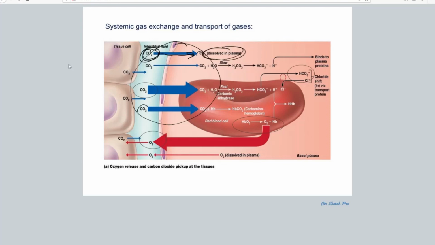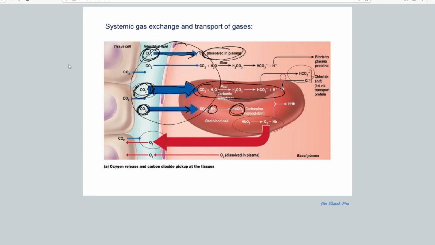Here you have a little bit larger amount of CO2 that goes into the red blood cell, and it actually combines with hemoglobin. So some CO2 is bound to hemoglobin, and that's how it travels through the blood. But the majority of it, 70% of the CO2, represented by this large arrow here, enters the blood, goes into a red blood cell, and enters this carbonic acid bicarbonate buffer system.